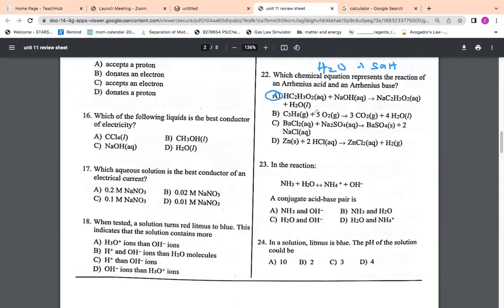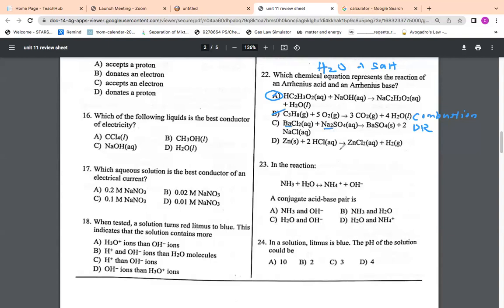However, let's look at the other ones. Choice B, this is propane in contact with oxygen gas. This is combustion. Choice C, sorry, this is a double replacement reaction. Barium and sodium are swapping places.